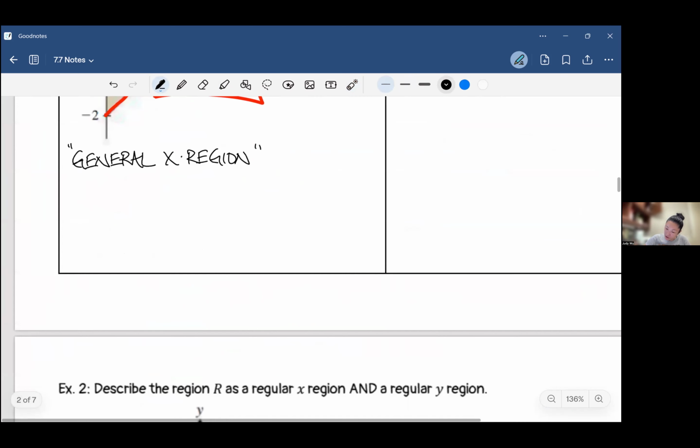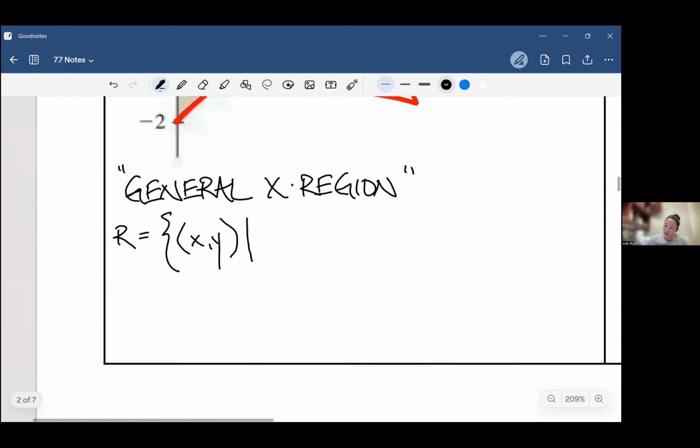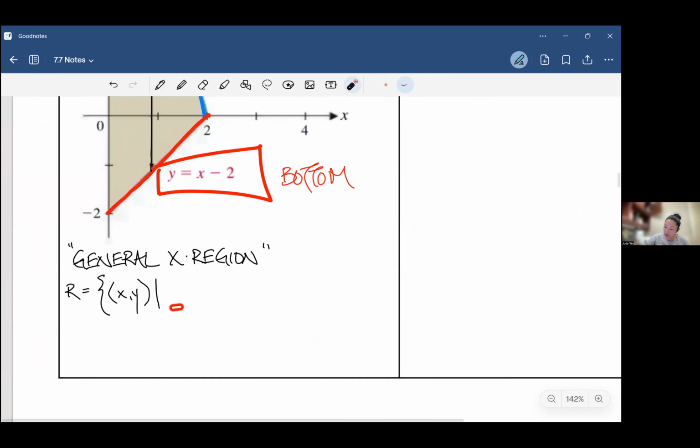So, general X region. This region we can define as: open up that squiggly bracket, parentheses x comma y, close it, such that. That's what that line means, such that. Now I need to write the bottom function, less than or equal to y, less than or equal to the top function.